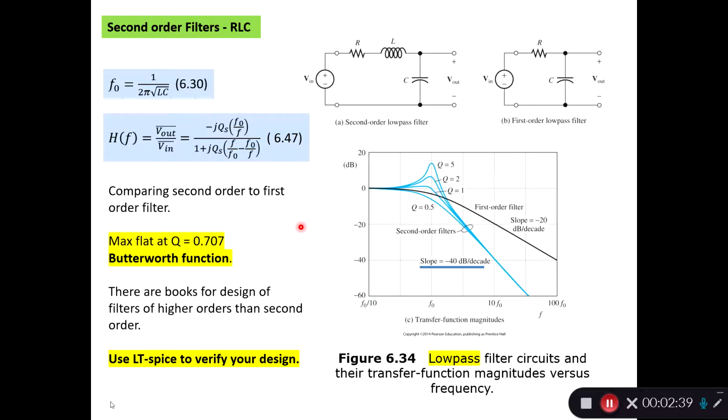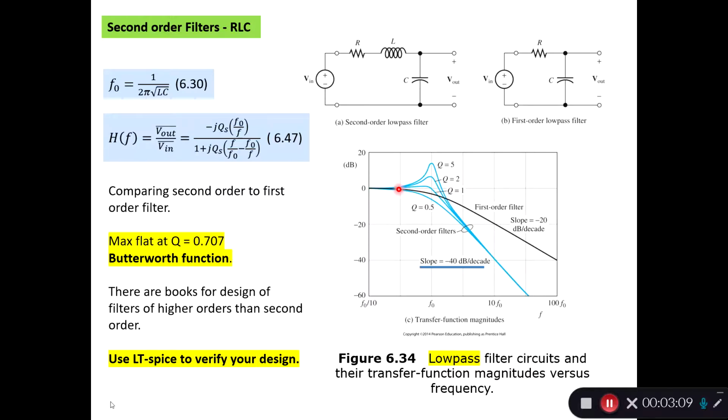A thing we have to notice is, in order to get a maximally flat curve, why is that important? Well, if we have a small point here going up, we actually have a gain at the resonance frequency. This is not always wanted, that one specific frequency is higher than the others.